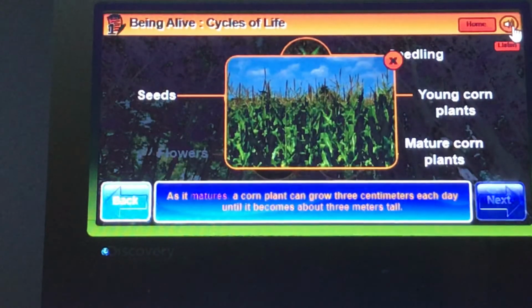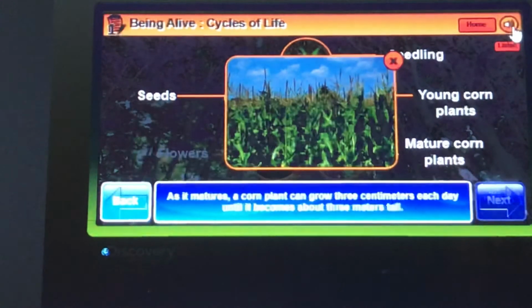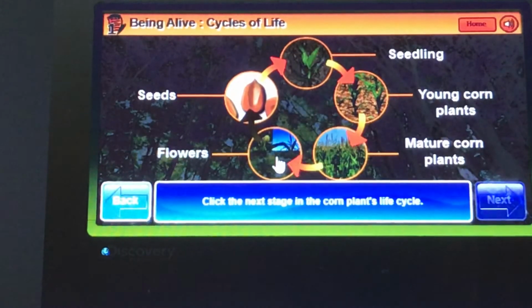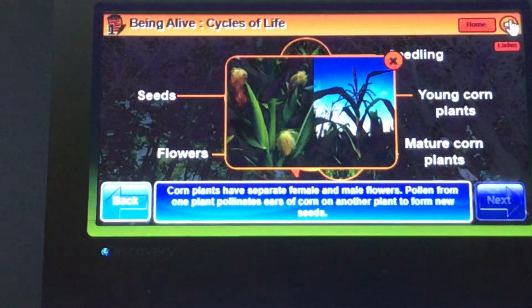As it matures, a corn plant can grow 3 centimeters each day until it becomes about 3 meters tall. Corn plants have separate female and male flowers. Pollen from one plant pollinates ears of corn on another plant to form new seeds.